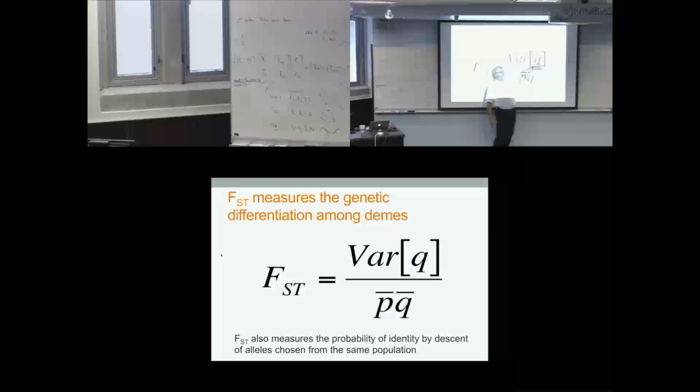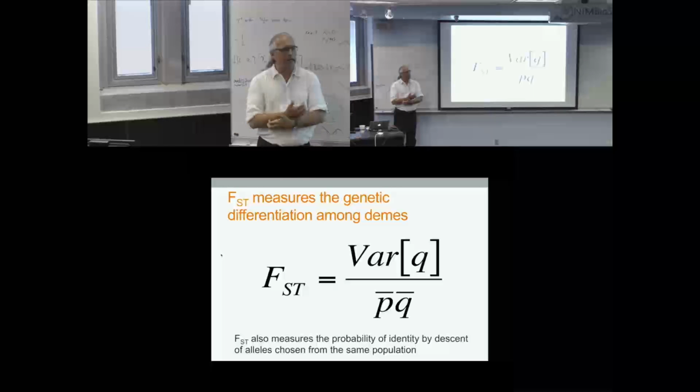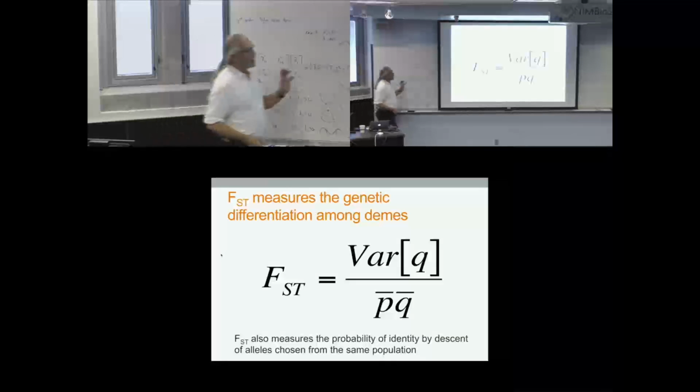If we look at the allele frequency of a single locus and measured what that was for multiple populations, I took the variance of that list and then sort of standardized it by the average allele frequency times 1 minus that average. That's an interpretation of FST. It tells us something about how much variance there is among populations of allele frequencies.